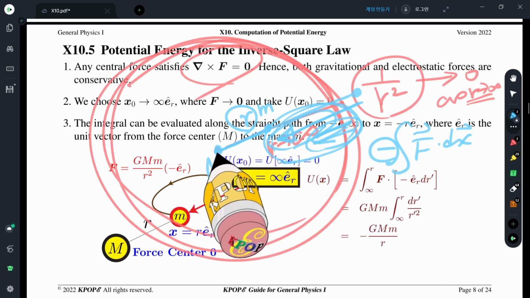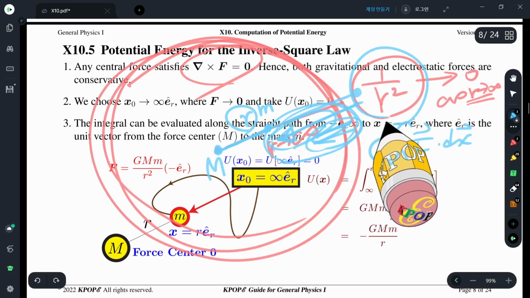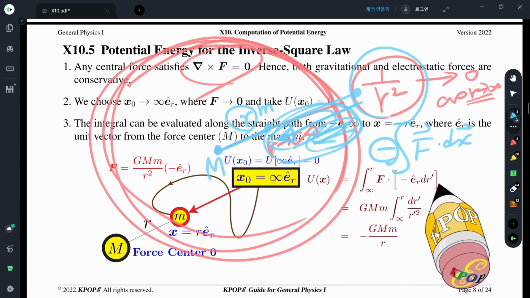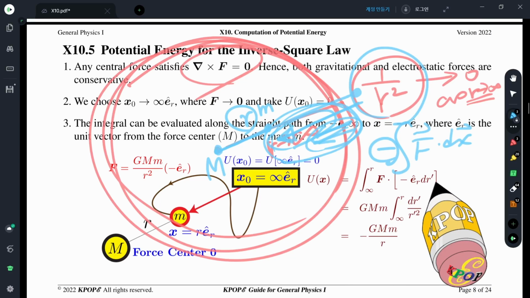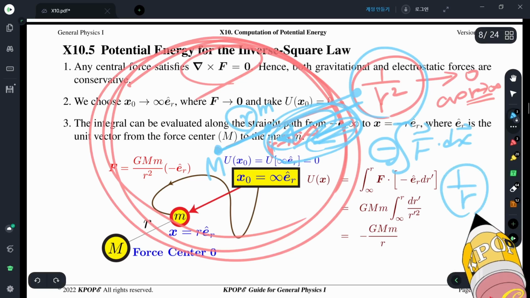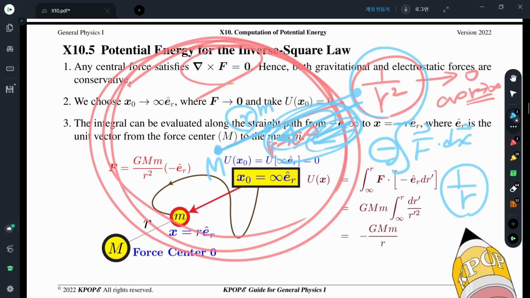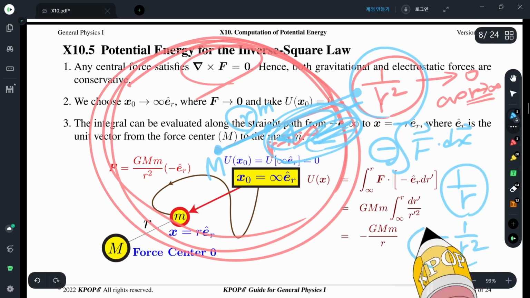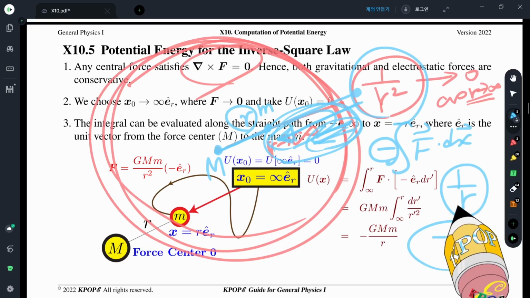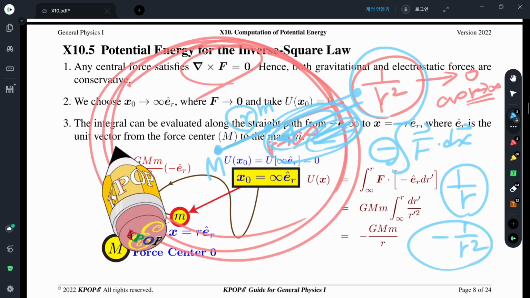The force decreases in magnitude as 1 over r squared, and the potential energy decreases as 1 over r, because the first order derivative of 1 over r is minus 1 over r squared. Therefore, even before we carry out the explicit computation of the gravitational potential energy, we can draw the curve.